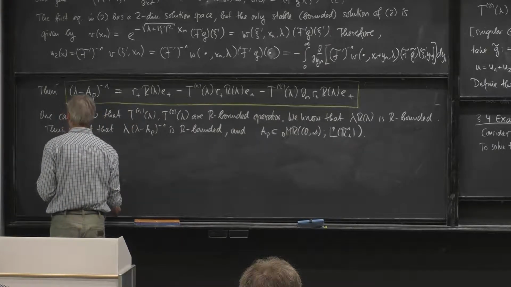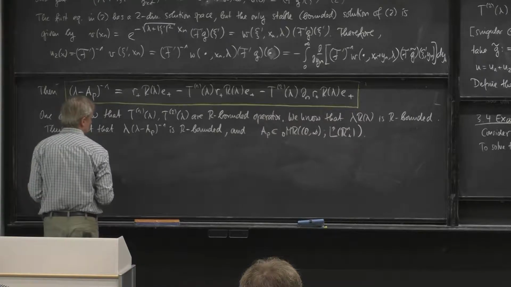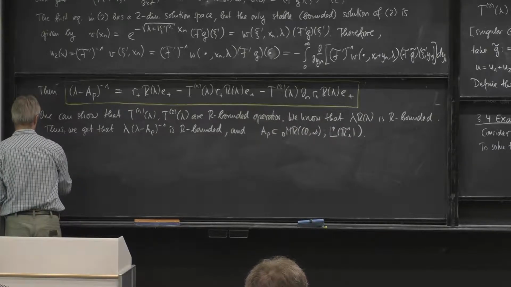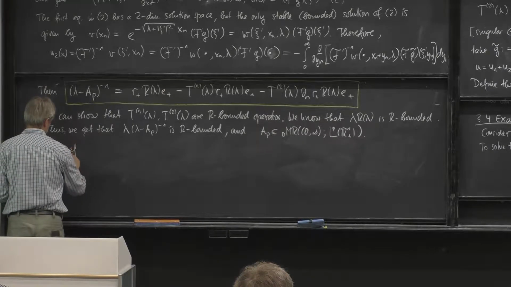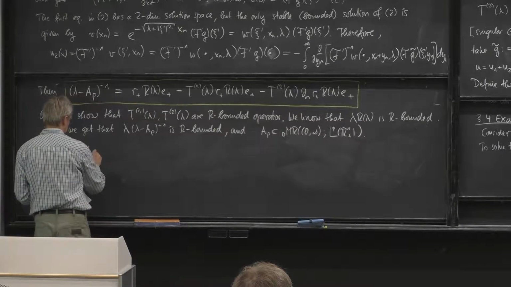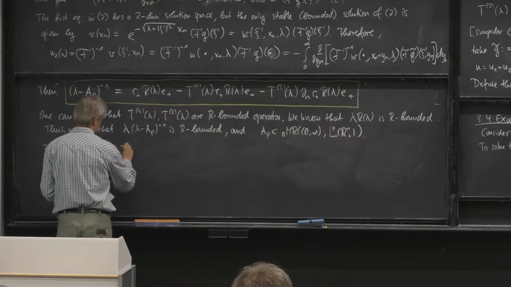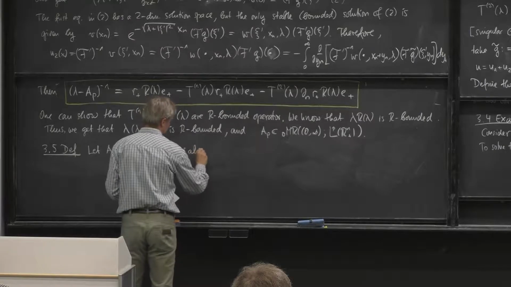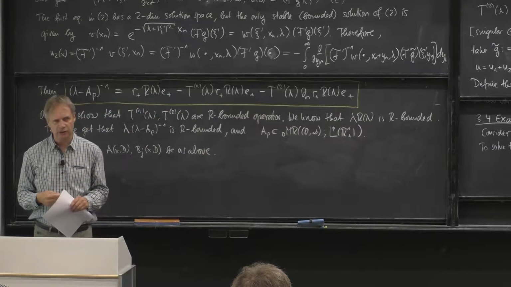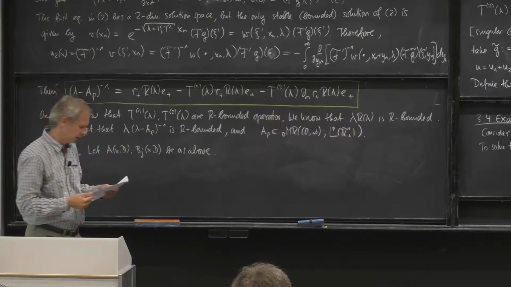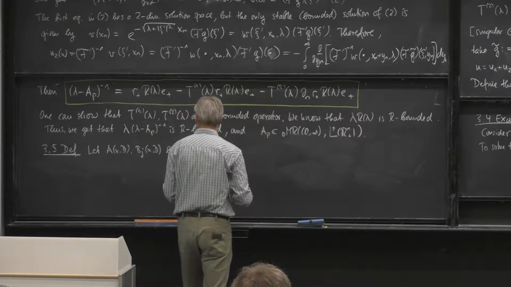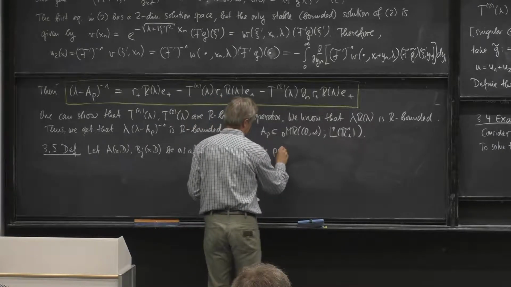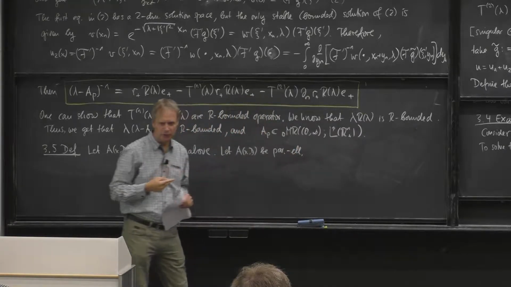Okay. And so for the general case, we need the following definition. Now I consider again the general situation. Let A(x_d, D) and B_j(x_d, D) be as above. Now I assume that A is parameter elliptic. Now the question is, what about the boundary operators?